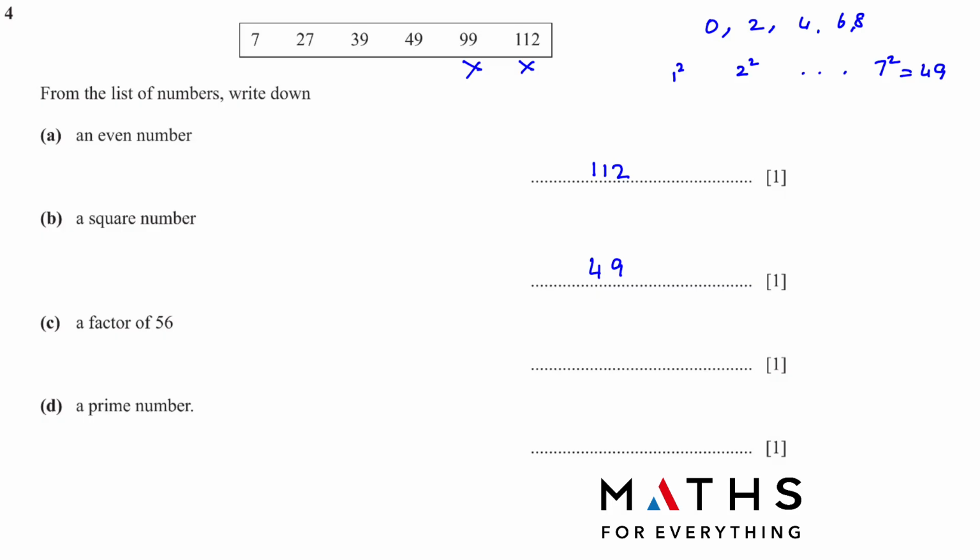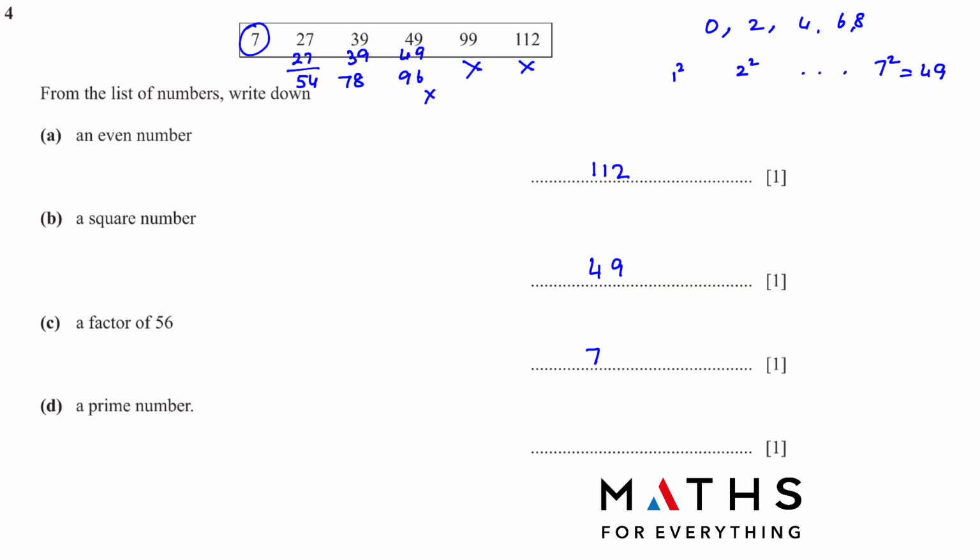If I double 49, you can just add it. 49 plus 49, you will get 98. That means that it cannot be a factor of 56. Same you do for 39, you will get 78. It's not a factor. Now two numbers are remaining, 7 and 27. When you do 27 times 2 or 27 plus 27, you get 54, not 56. So 7 is a factor of 56.